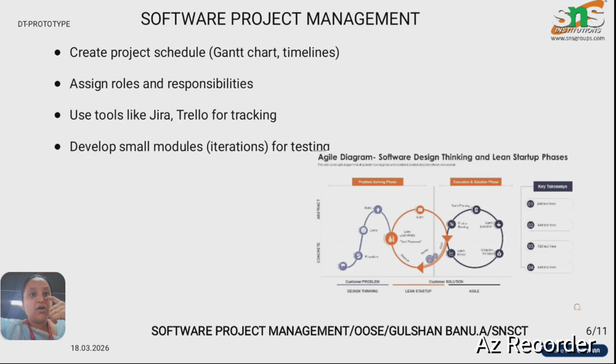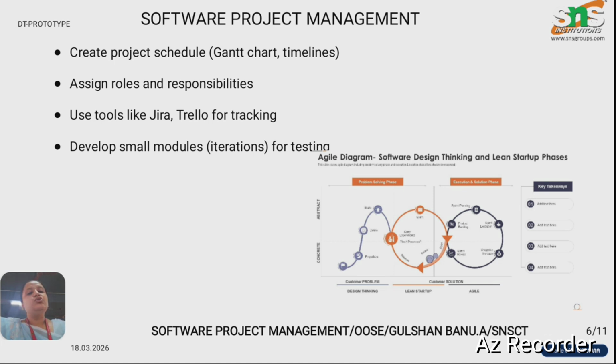So in software project management you have to create different kinds of projects. For this you have to assign different roles and responsibilities. You have different tools associated with it, like Jira and Trello for drafting different data.